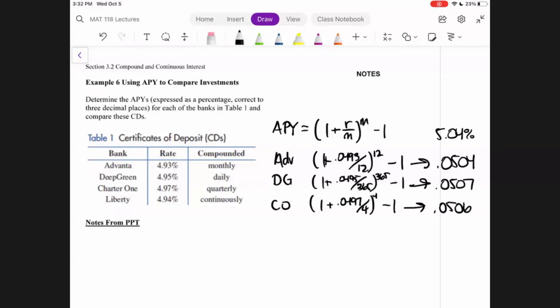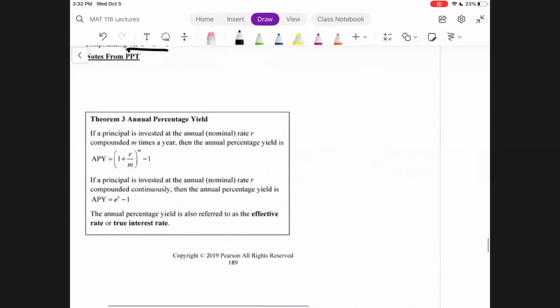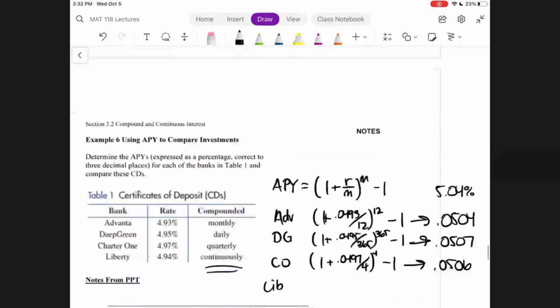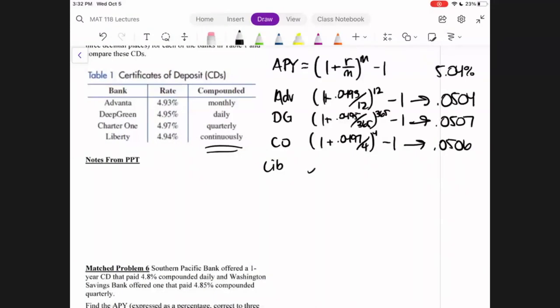And the last one, Liberty. So Liberty is continuous, right? So that is just e raised to your rate minus 1. Let's see what we get here. So much simpler formula for continuous. 0.0506.